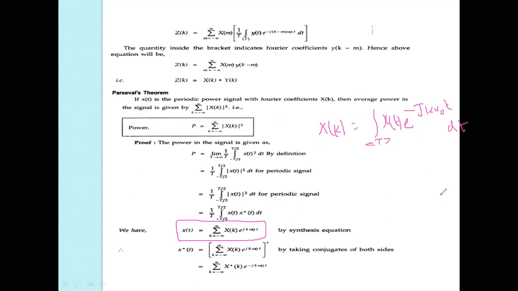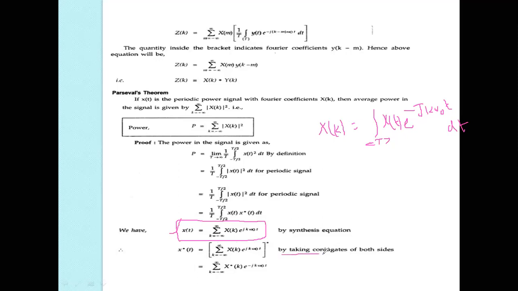We are using this exponential Fourier series. One is the analysis equation, another one is the synthesis equation. Using this synthesis equation, x of t is equal to the sum of k equal to minus infinity to infinity of x of k e power jk omega naught t. Taking the conjugate on both sides, x star of t is equal to the whole sum of k equal to minus infinity to infinity of x of k e power jk omega naught t, whole star.